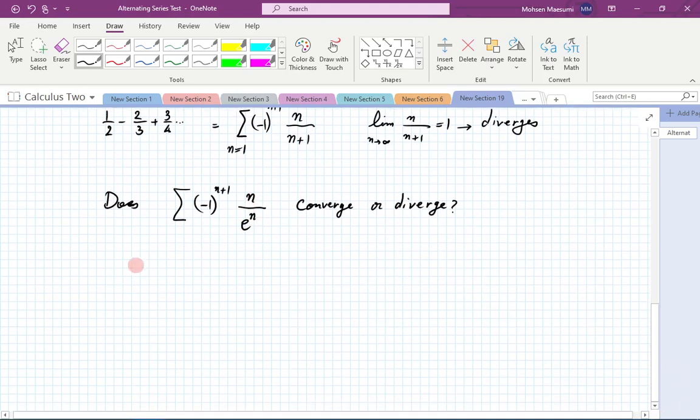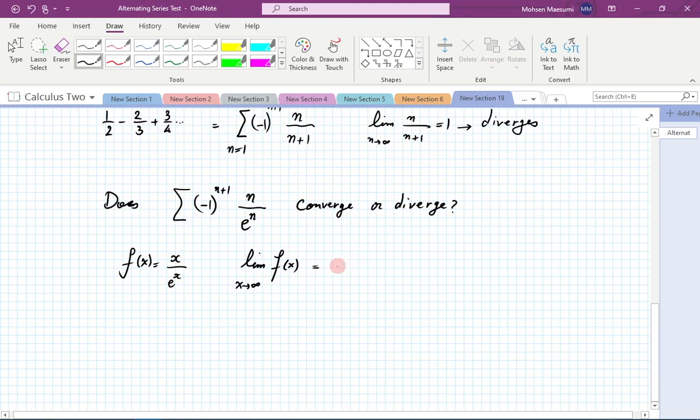So if you define a function f of x, it's x over e to the x, and then we ask what is the limit of f of x as x goes to infinity, well, you can use L'Hopital's rule. Notice that this goes to infinity, this goes to infinity, so it's a good case for L'Hopital.